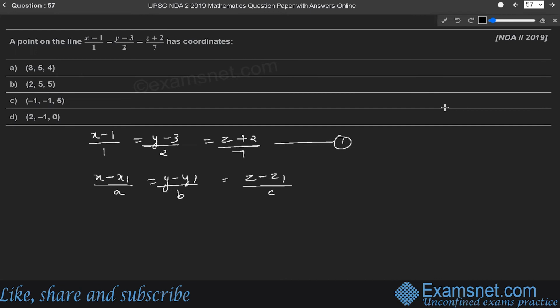A point on the line in the first equation. Therefore, its coordinates will be 1 plus 1, 2 plus 3 and 7 minus 2. So this will be equal to 2, 5 and 5. Therefore, the correct option for this question is option number B.